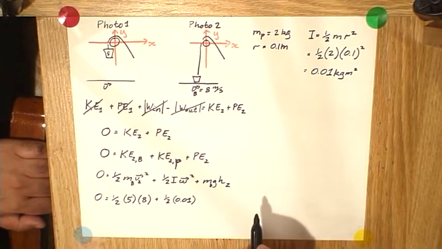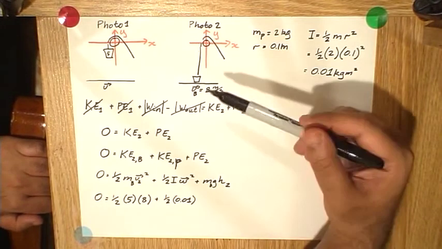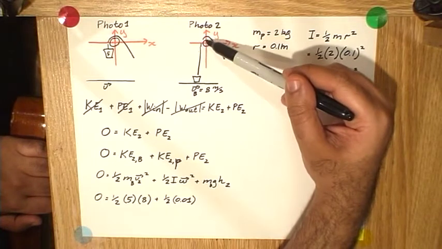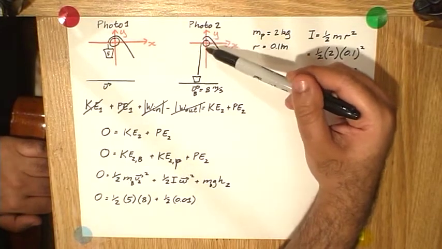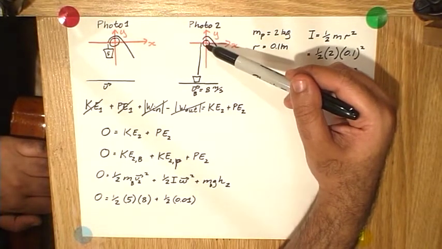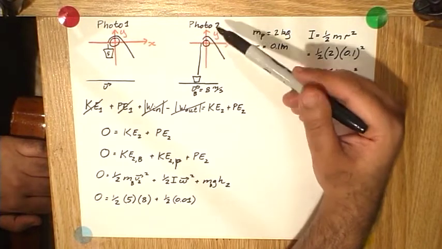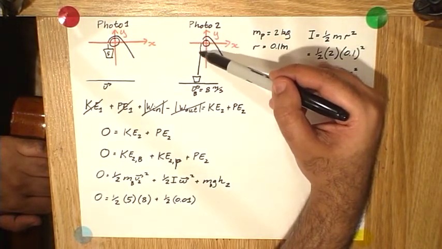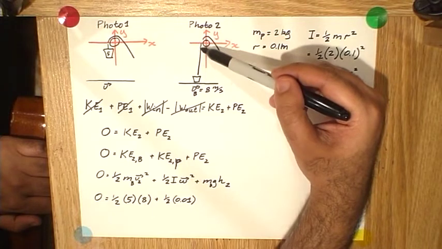Oh, now we have a bit of a problem, don't we? We never calculated omega. Fortunately, we were given one piece of information. That is that this wheel is rotating and the rope is not slipping on it. That means that the distance that the bucket fell is equal to the distance the rope traveled.